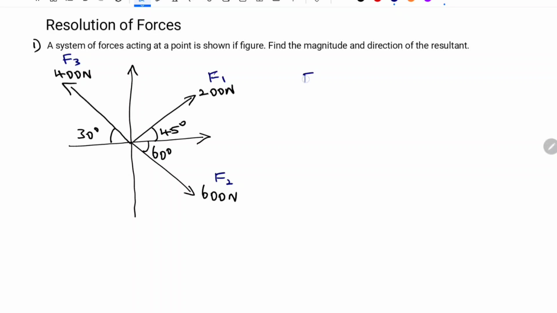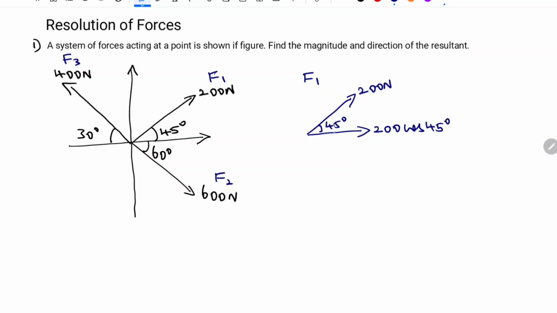So first consider the F1. So this F1 is acting with a magnitude of 200 Newton. So I will resolve this into two components. As it is acting in the right side direction, the horizontal force will be acting from left to right and the magnitude of the horizontal force will be 200 cos 45 degree because the angle is 45 degree.